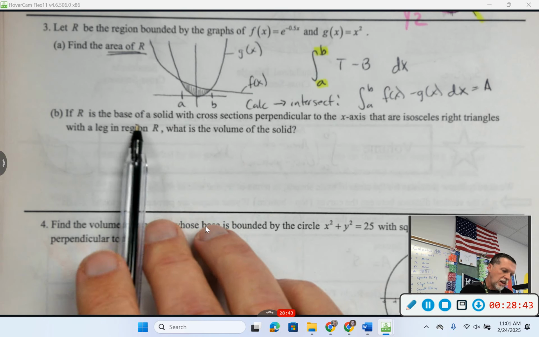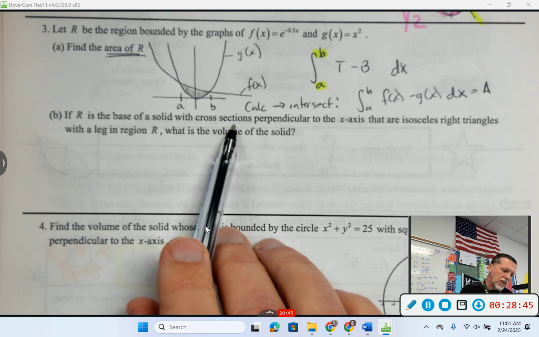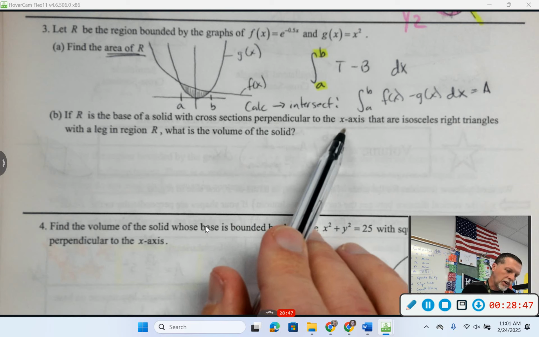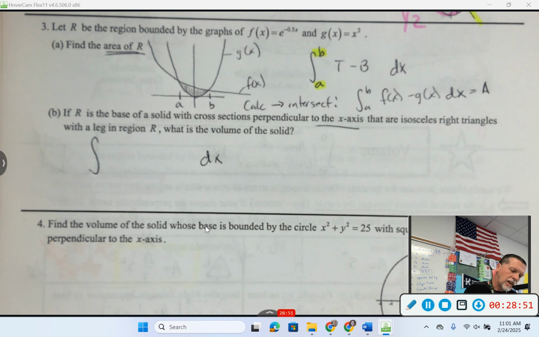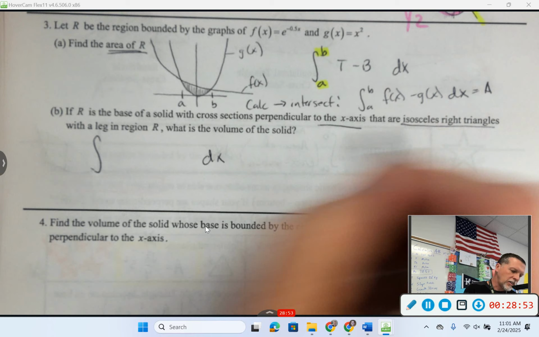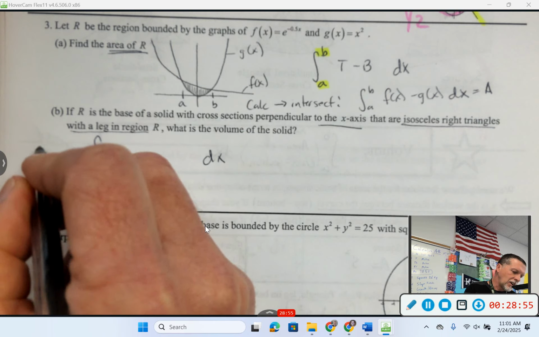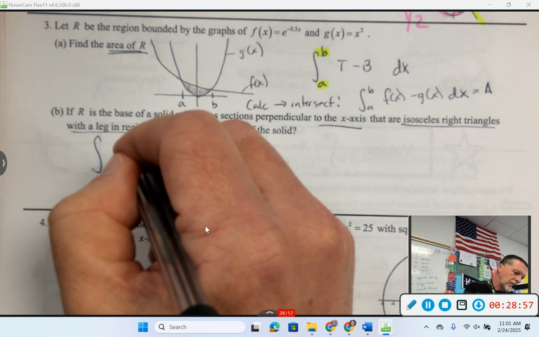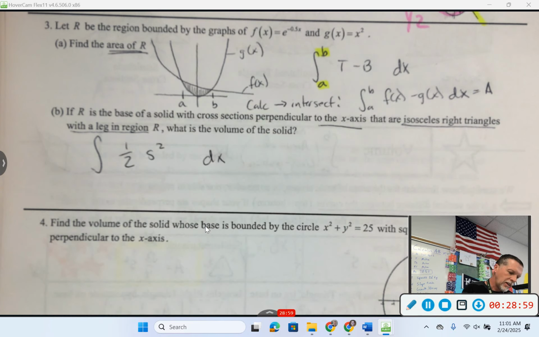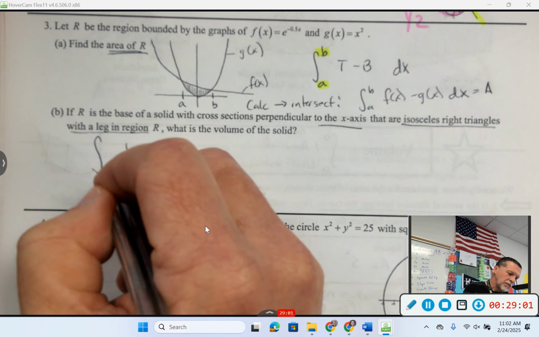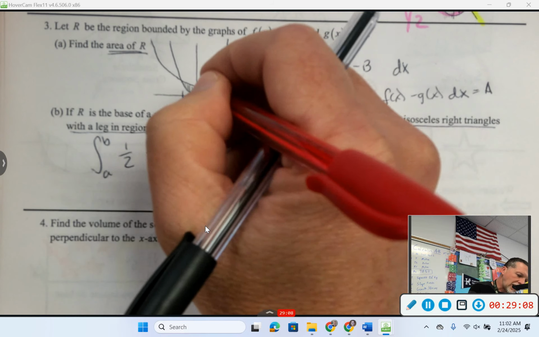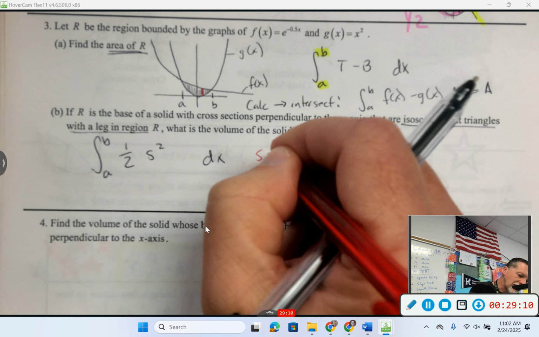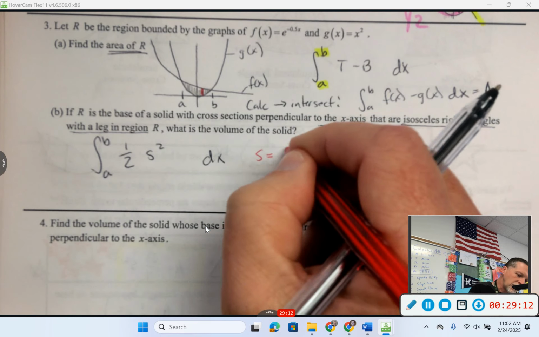Part B. If that is the base of a solid, cross sections perpendicular to the x-axis, yay, that's dx. Isosceles right triangles with a leg in R. So that's 1/2 s squared. Still going from A to B. And S, that little length in there, is top minus bottom still.